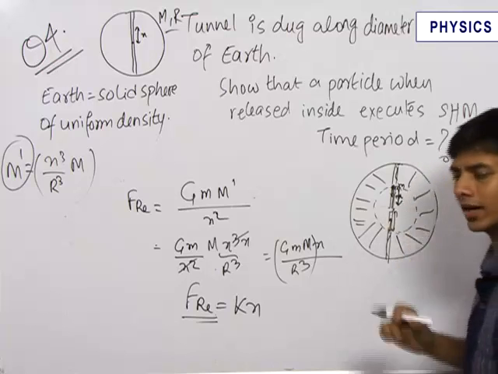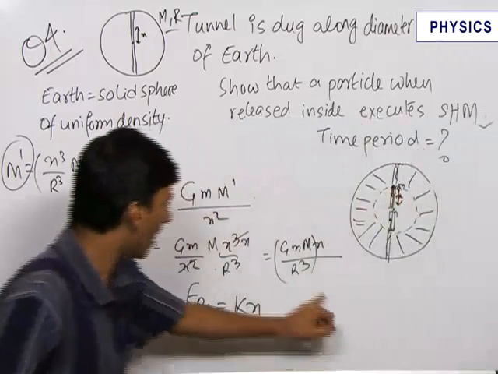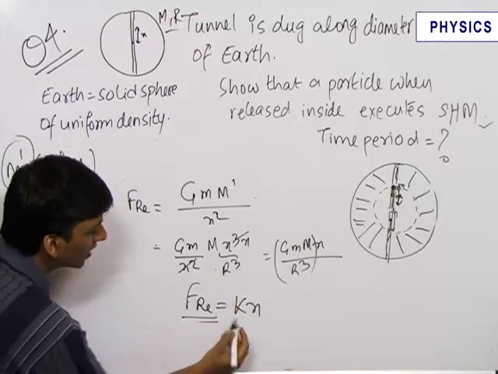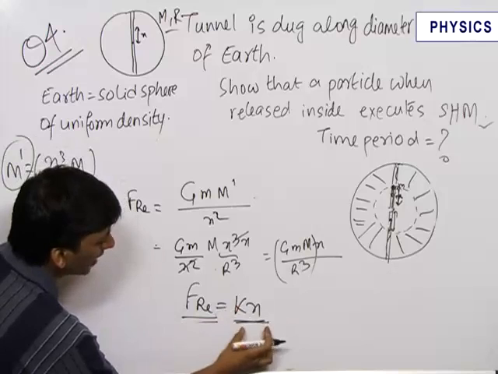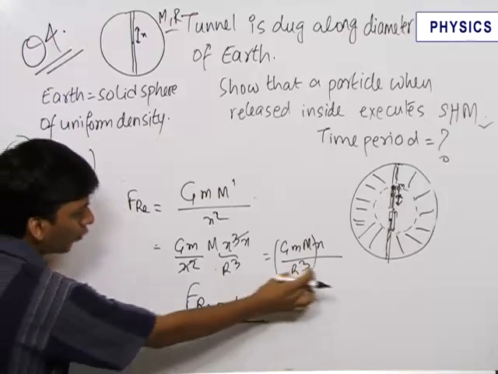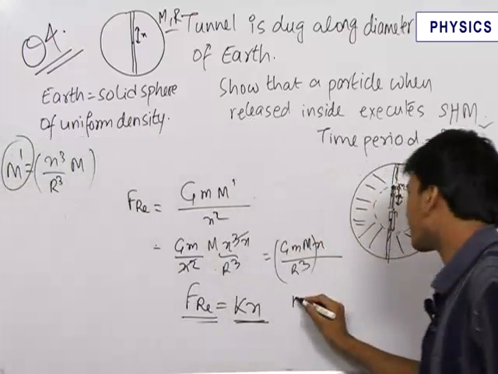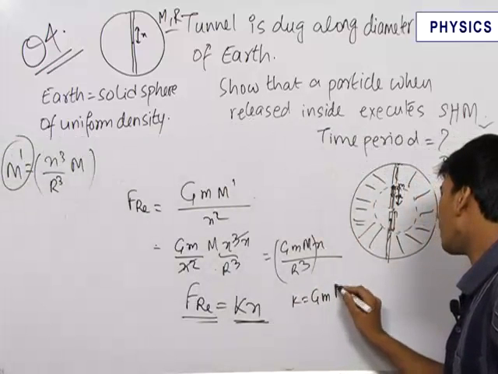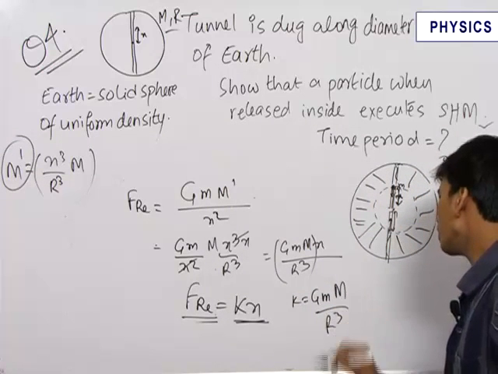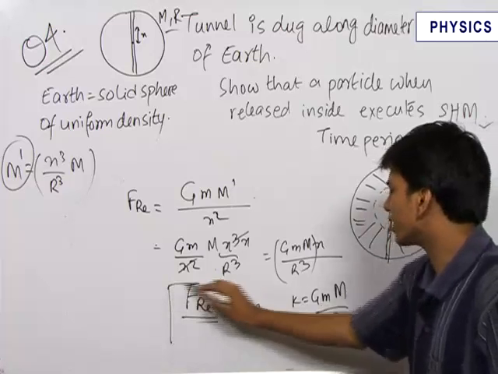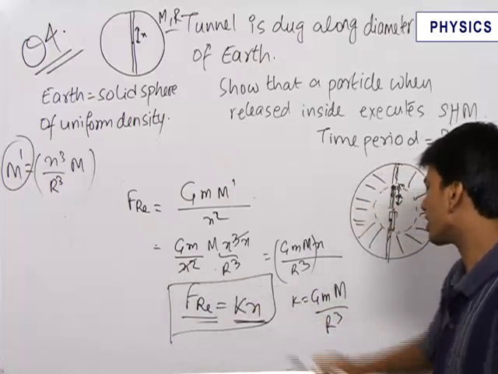That is, the force is definitely restoring in nature. We now only need to ensure that it is in the format k into x, which we have already got here. So we get the value of k equal to G M m upon r cube. So we have already proved that this is SHM because the restoring force is directly proportional to x.